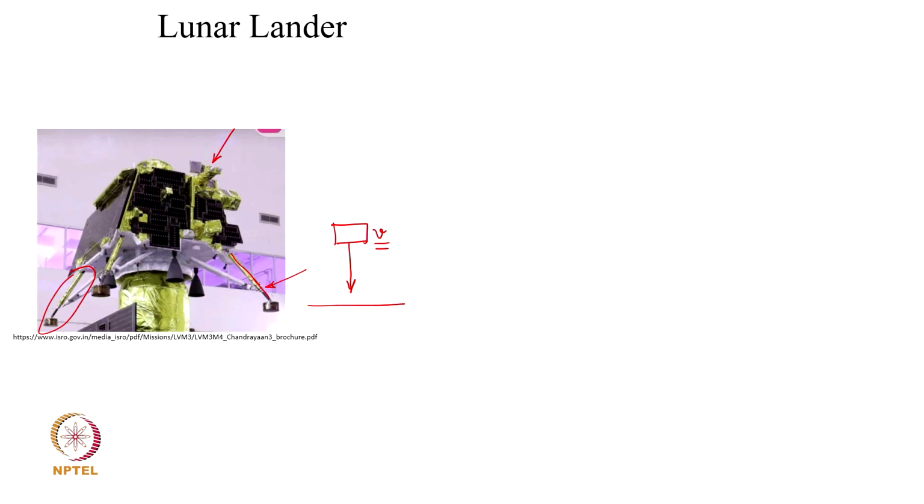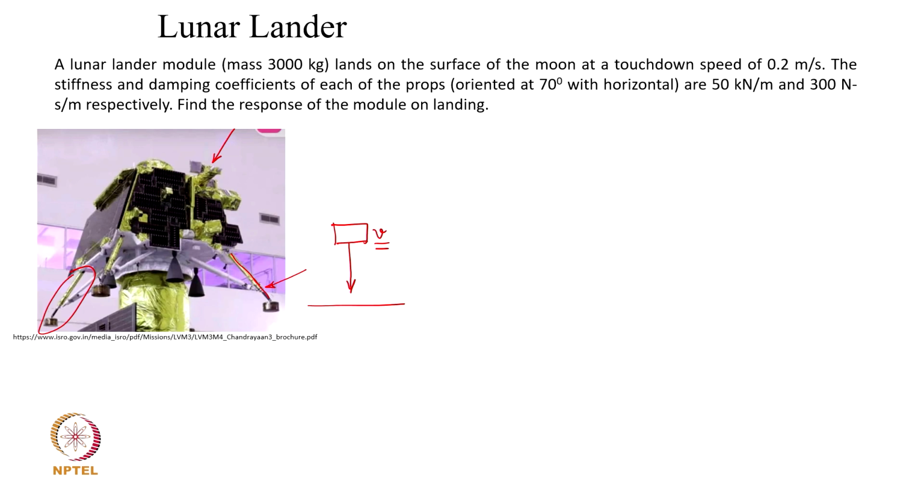So, if you make a simplified model of this entire lander, it looks like this. There is a central mass here, and the outriggers, or the props which are shown here, might have the springs and dashpot which characterize their property, and there are 4 of them at 4 corners.